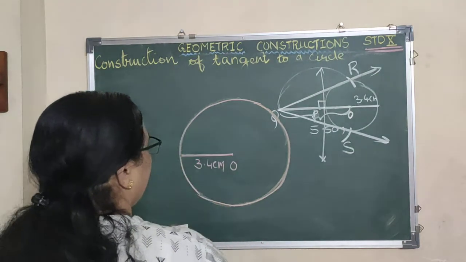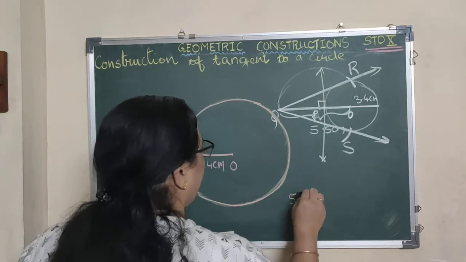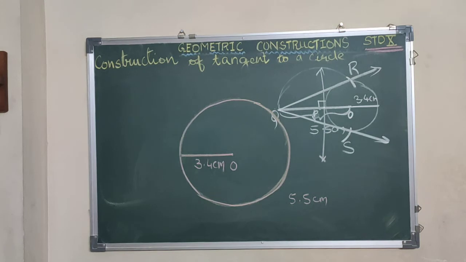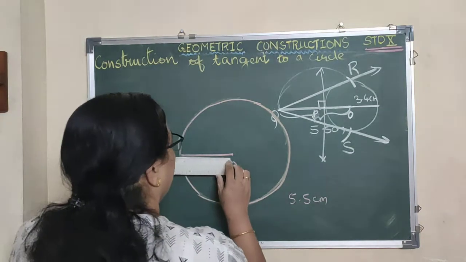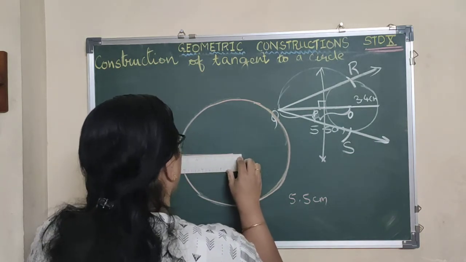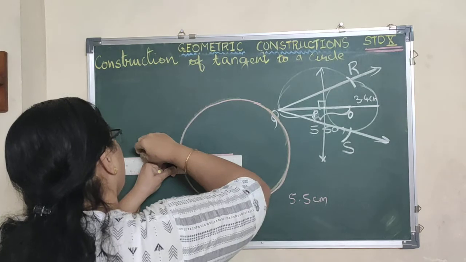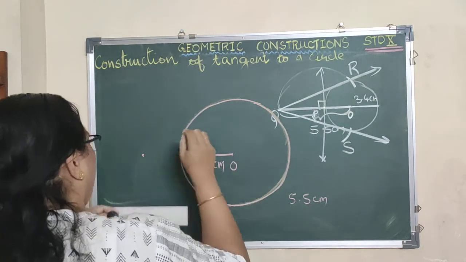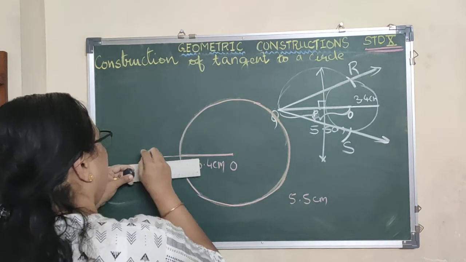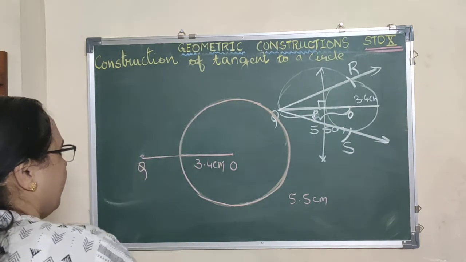Already 3.4 is covered here. So how much more to get 5.5? Tell me first. Already 3.4 is covered here, so we have to draw 2.1. So we keep at center O, 3.4 is covered and we draw a further 2.1 and join the segment to point Q.